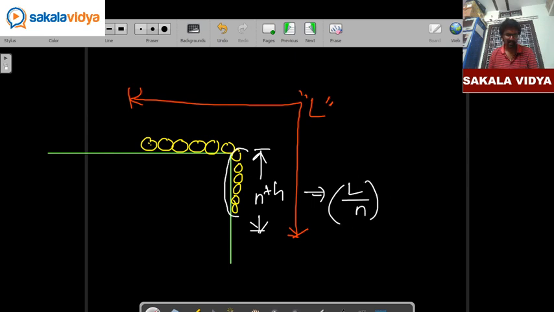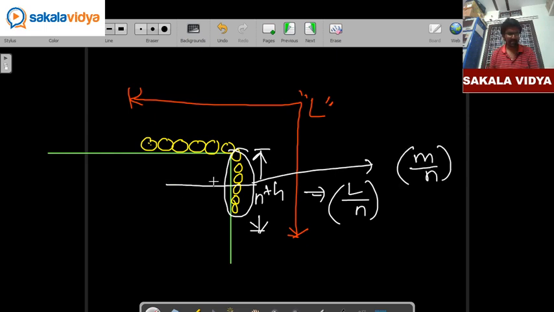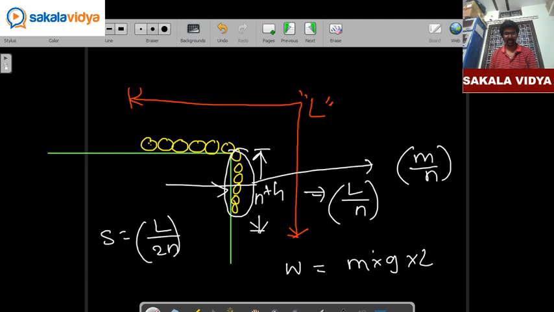For this hanging part, our mass will be m by n. The displacement made by this hanging part will be S equal to L by 2n. The basic work done formula is m into g into displacement. So mass is m by n, displacement is L by 2n. When you substitute this, our work done will be mgL by 2n square.